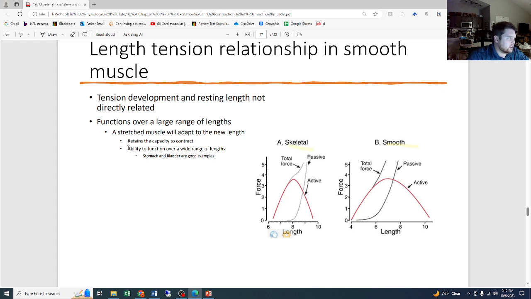This gives it the ability, first of all, to retain the capacity to contract, as well as still function over a wide range of lengths. Think about the uterus, the stomach, the bladder. These things are designed and built to truly expand, like the uterus expands immensely, but it's still able to function and produce the total force that it needs to produce.